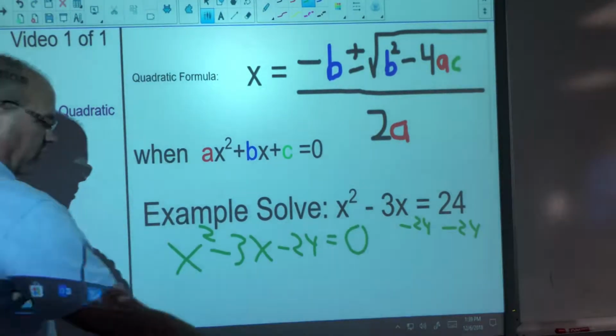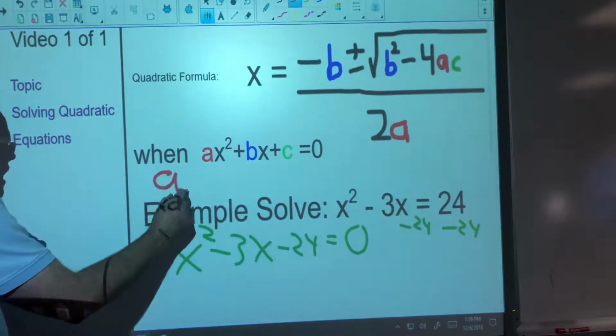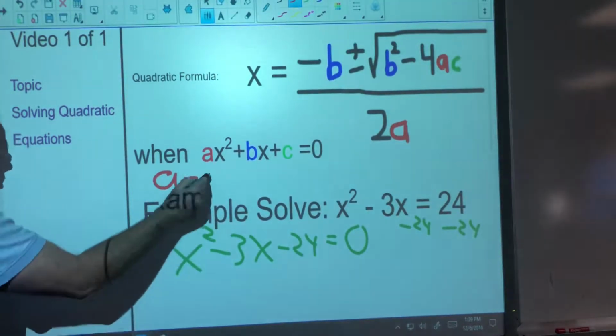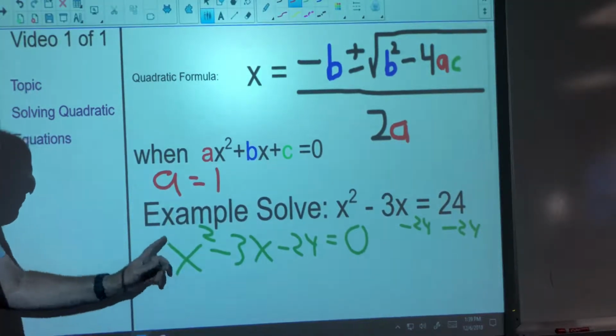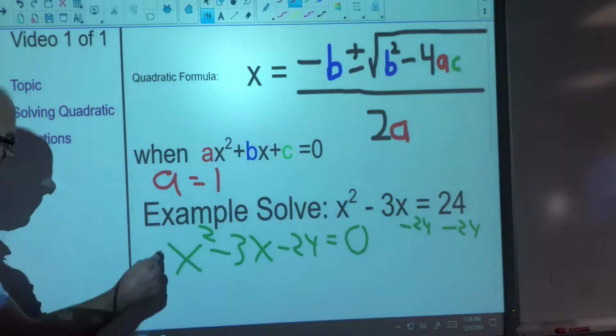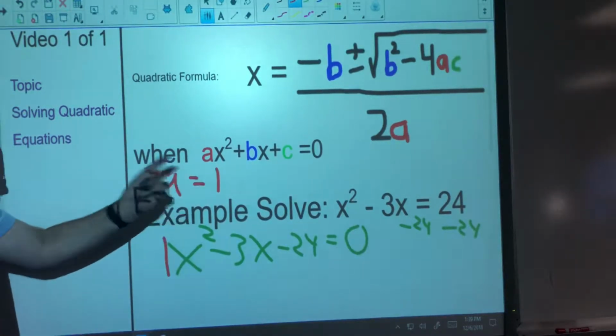All right, so now we can do our ABCs. All right, so on our example here, A equals 1. Some of you get confused with this in class. Okay, there's no number in front of the x squared. That means that number is actually 1. So it's 1x squared, so A value is 1.